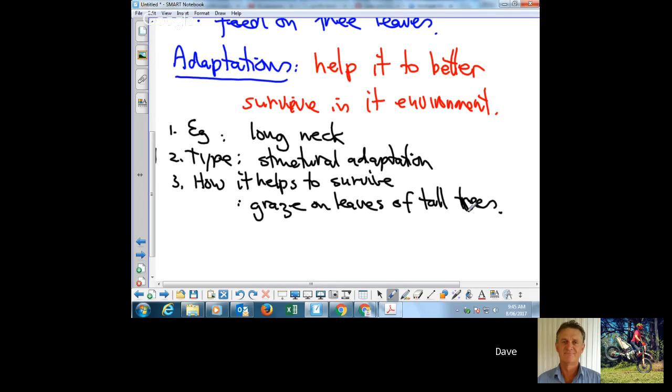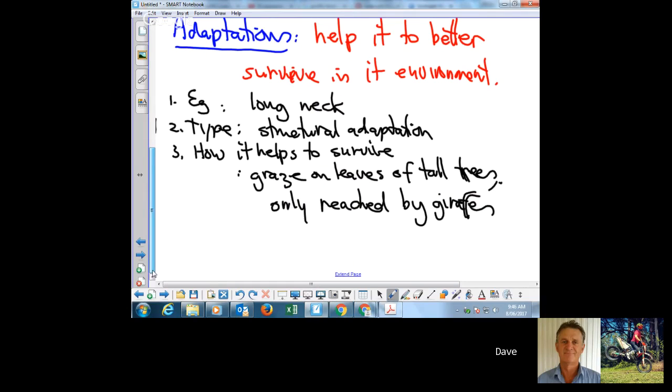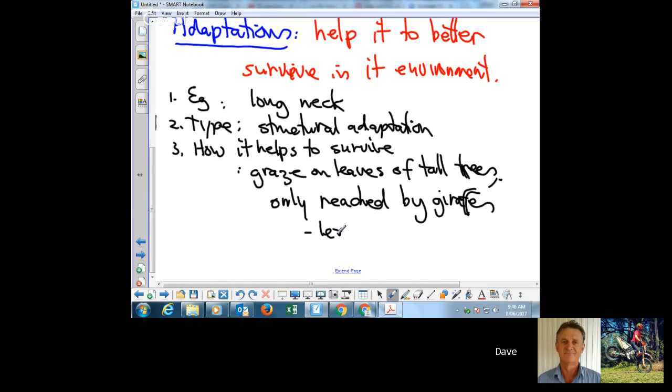So why is that going to help it to survive? Possibly because they're the only organisms that can reach it. Yeah. Okay. Tall trees only reached by giraffes. So they have what you might say, for those leaves, less competition for that food.